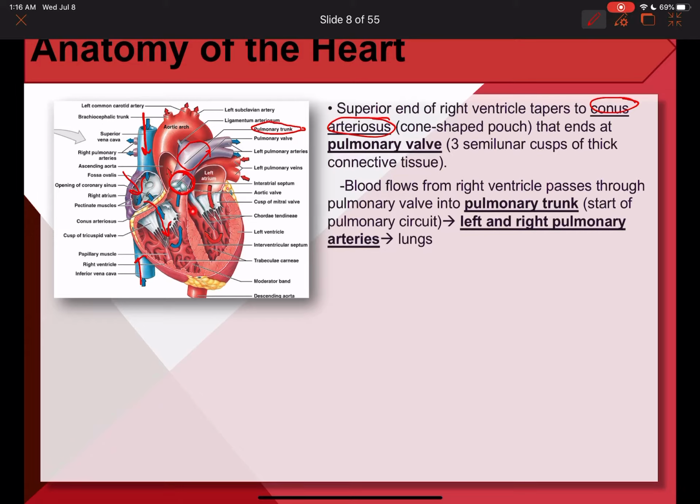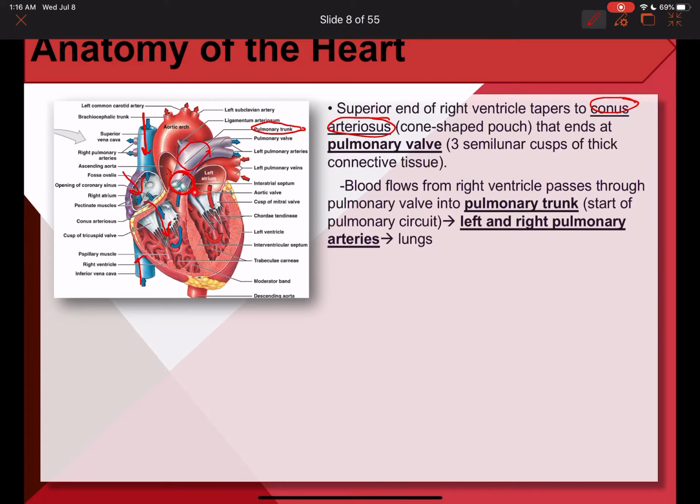And also from different views on the Practice Anatomy Lab on your Master A&P website, okay? So in back of this pulmonary trunk is the aortic valve, where blood will enter from the left ventricle into the aorta, okay? So these two valves right here as a whole are called semilunar valves, okay?